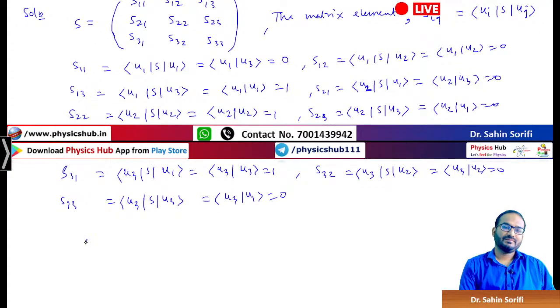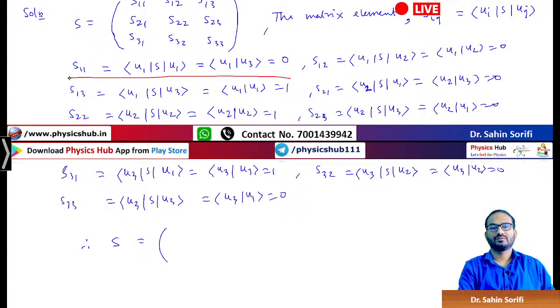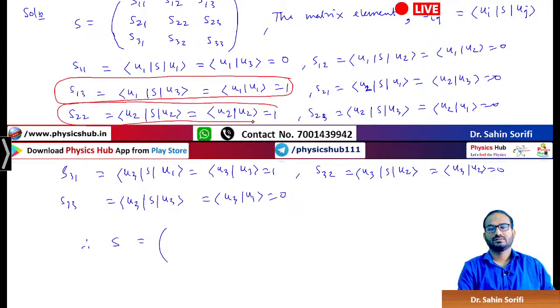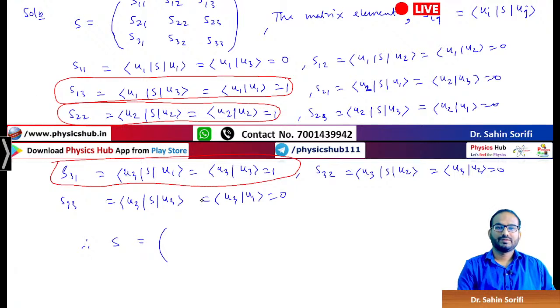So what is the ultimate matrix? S is equal to, where did you get 1? S13 you have got 1, here you have got 1, here you have got another 1, and all the other elements are 0. It means S13 is here, 22 is here, and this 31 is here.